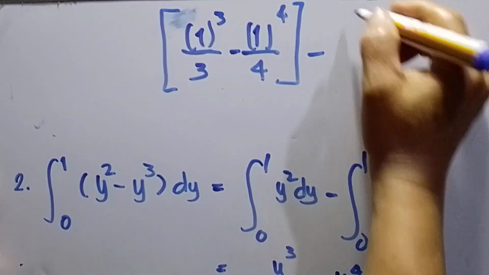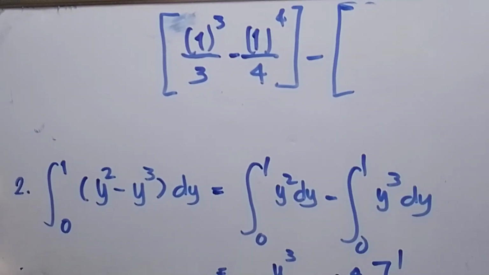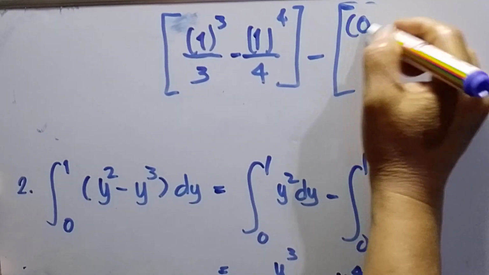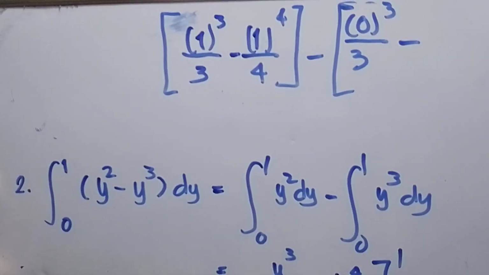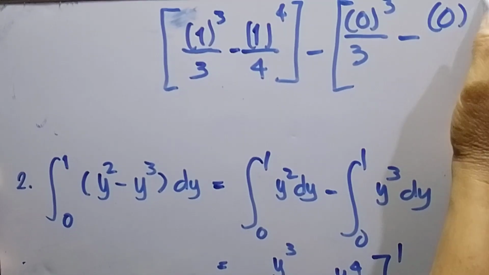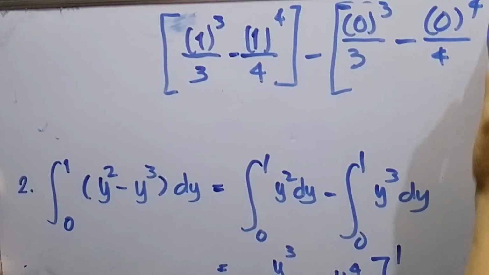Then minus the value at 0: 0 raised to the 3rd power over 3 minus 0 raised to the power of 4 over 4.